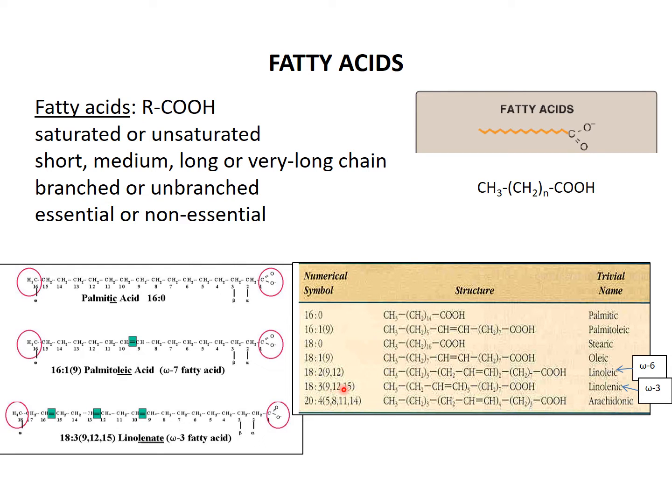This is why we call them essential fatty acids. The 12 is actually 6 carbons back from the other terminal of the fatty acid, and the omega-3 means that this 15 is 3 carbons back from the other terminal. That is just for fun.